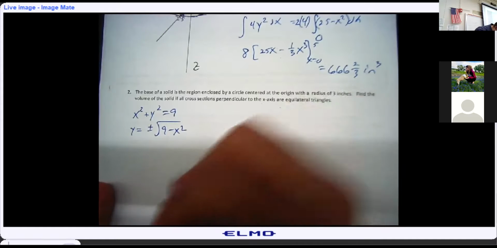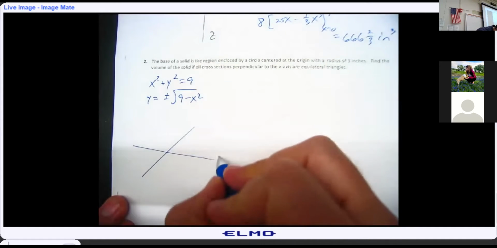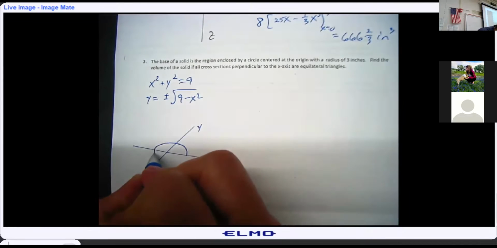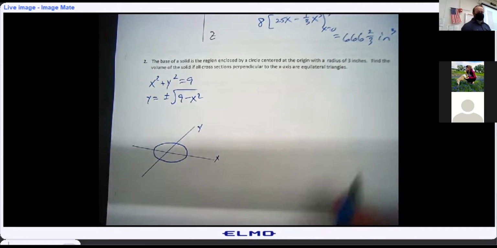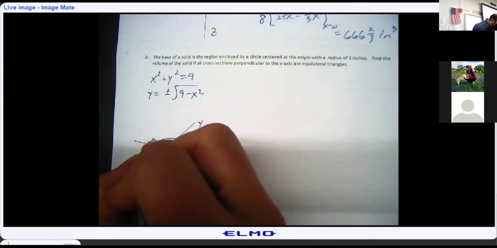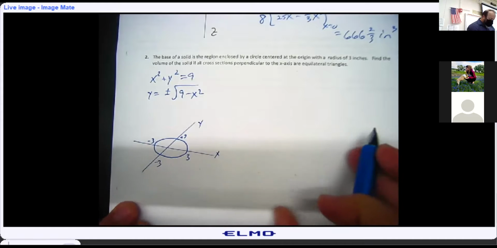I'm going to, again, attempt to do some art here. So here's my x-axis, my y-axis. Here is my little circle coming in here. What's its radius? It said 3. So it's here like this. That's 3, 3, 3, and 3.